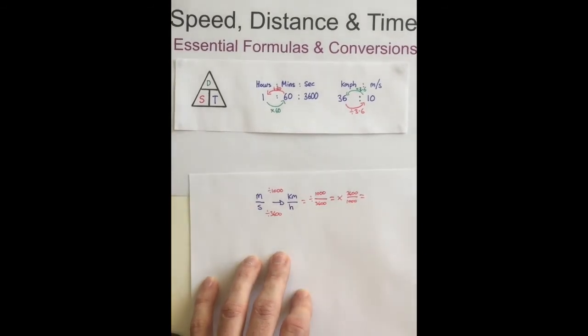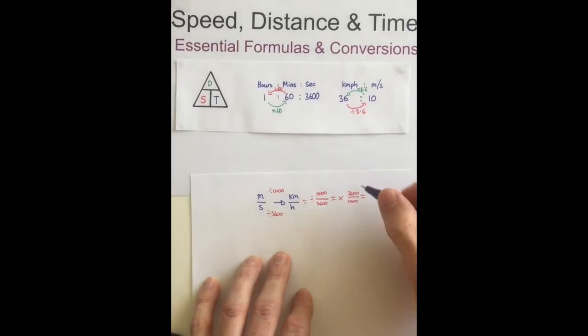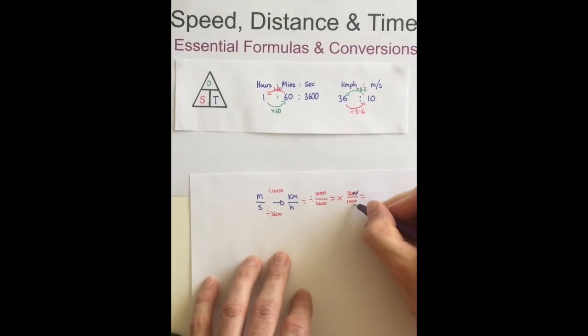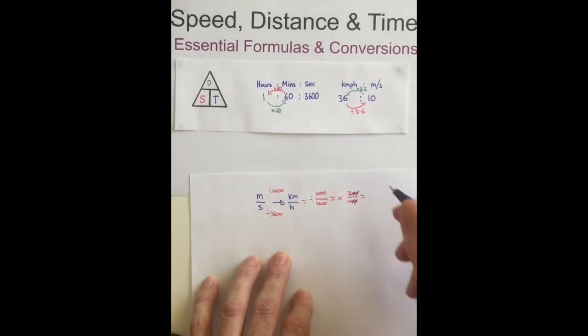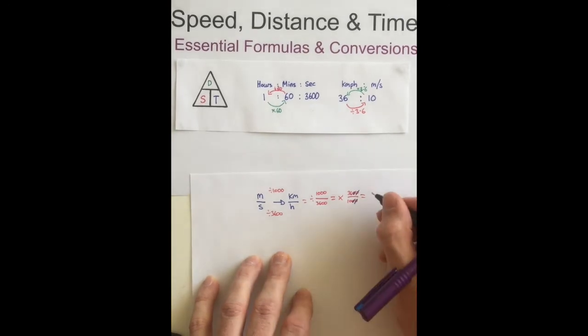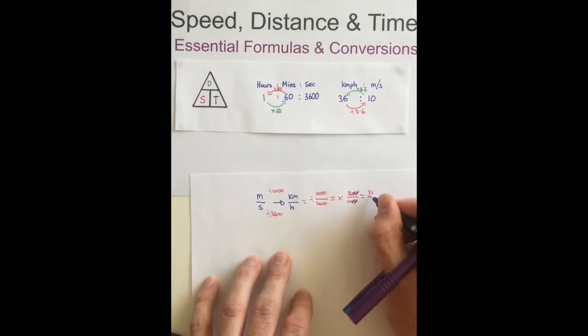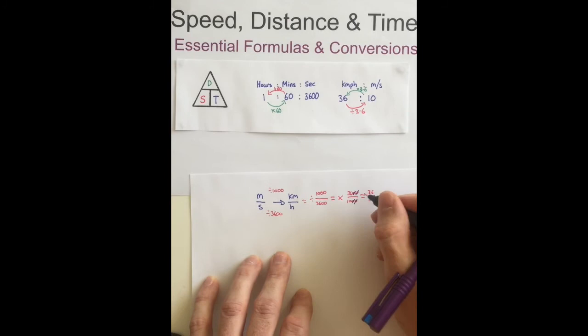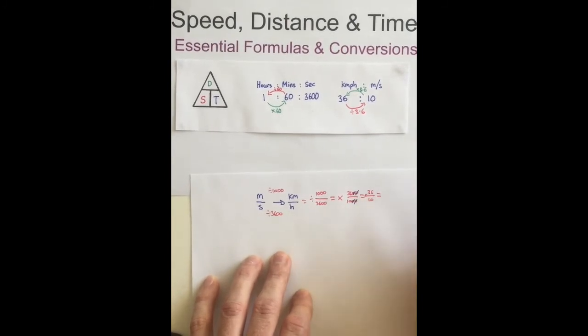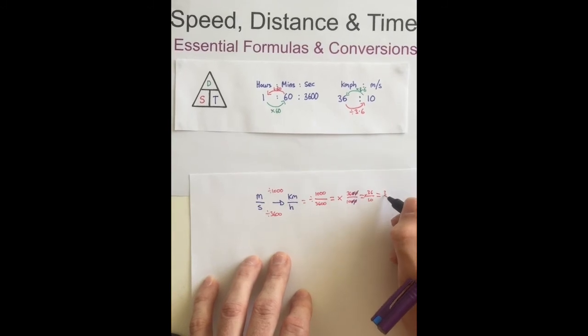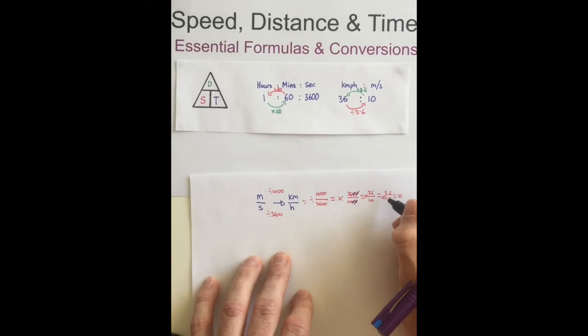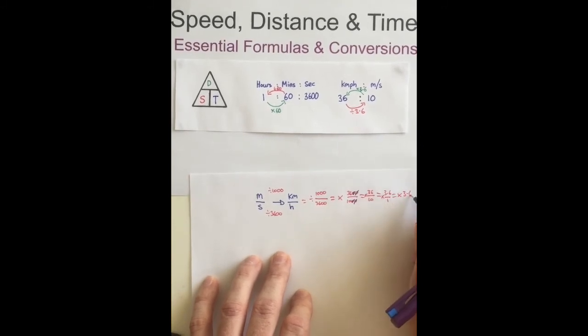And then all I've got to do is simplify. So divide top and bottom by 100. That gets me 36 by 10. And we're timesing, aren't we? There we are. And then divide by 10 again, and I get 3.6 over 1, which is the same as just timesing by the numerator, times by 3.6.